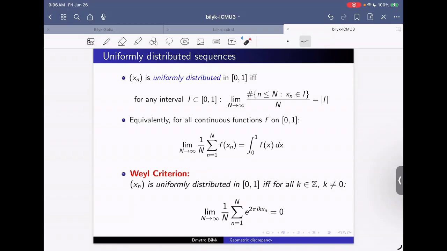Let's briefly and heuristically analyze this property. If you think about it for a little bit, you can see immediately that if you take the function f to be the indicator function of an interval, then this relation is exactly this. On one side, you have the length of the interval, which is the integral of the indicator function, and on the other side you would be counting how many times you fall into the interval.